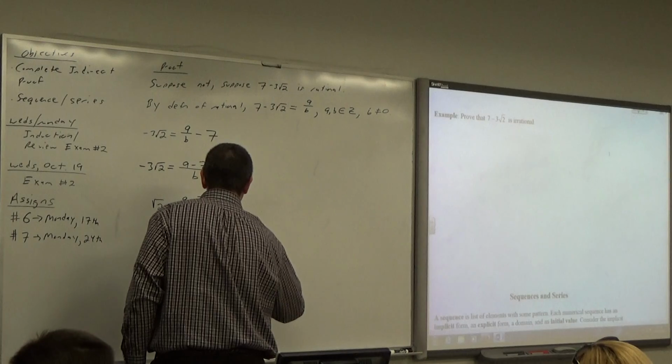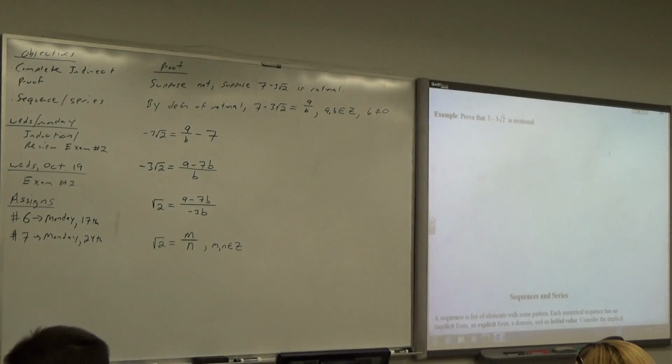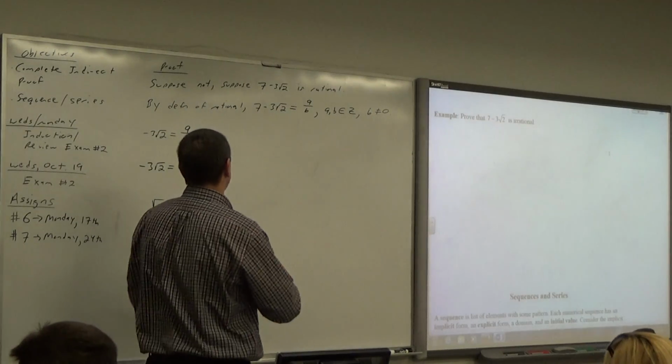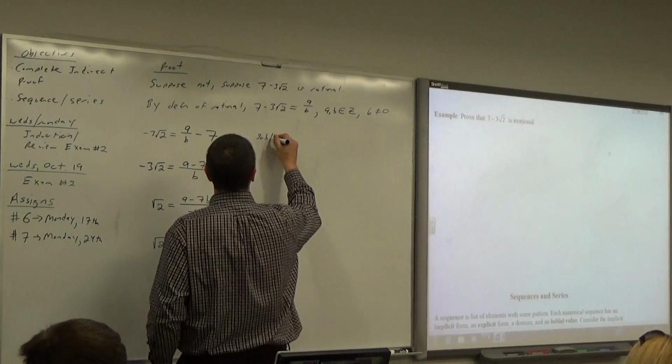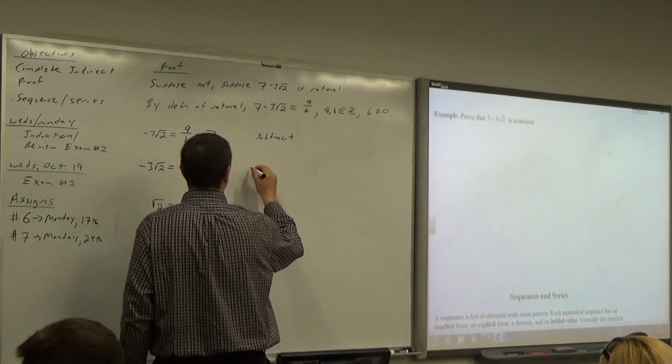Now let's fill in the steps here. Before we do that, is everyone okay with the algebra to this, guys? Any questions? The first step, all we did was subtract 7 from both sides, so that's just subtraction. The next step, we just got a common denominator.